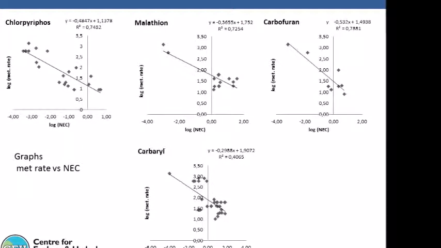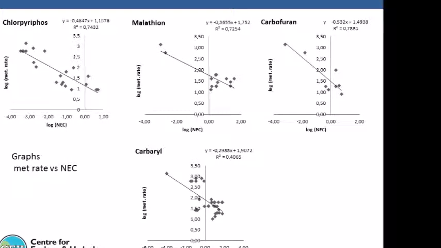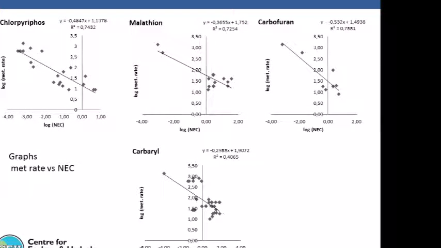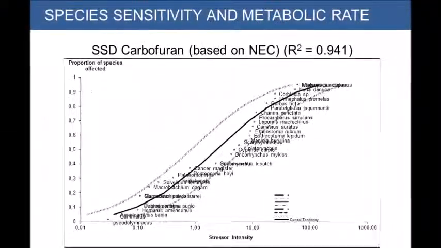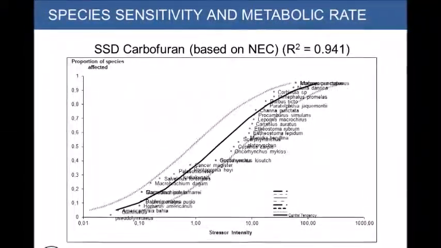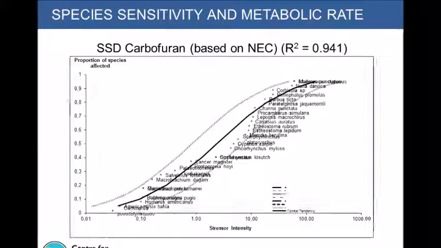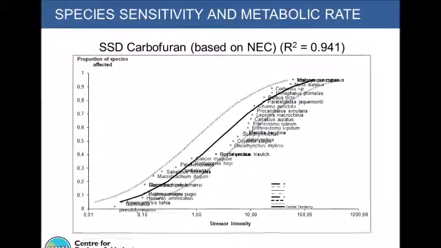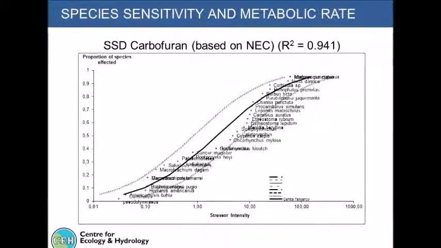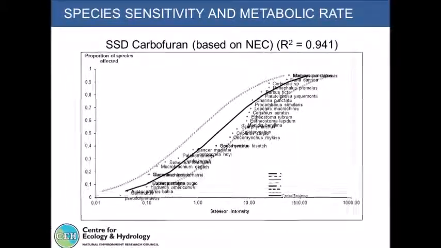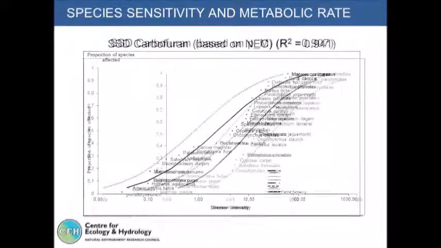I put this in a species sensitivity distribution. We already saw 2, I think, earlier today. I think the nice thing is I did something that you basically can't do: make a species sensitivity distribution based on this specific somatic maintenance rate.